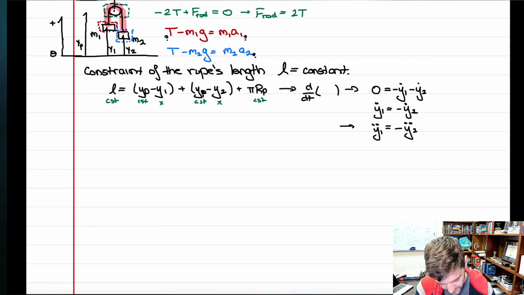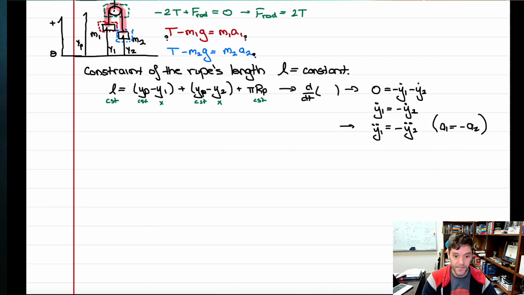Or if I want to use acceleration instead of y double dot, it looks like it's saying that a1 equals negative a2 as a result. And indeed, the acceleration of one box is equal and opposite of the acceleration of the other box. This is great because this is my third equation. I now have 3 equations with 3 unknowns, so I can solve for t, a1, and a2 uniquely.